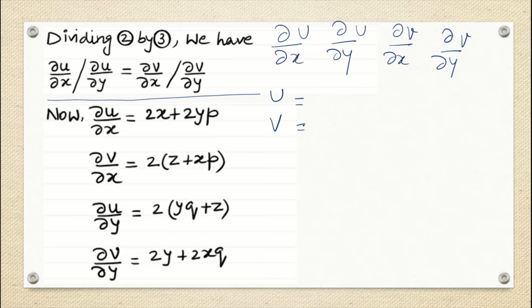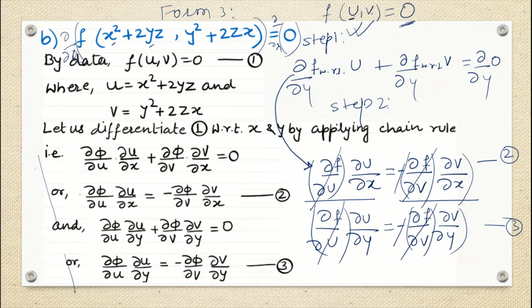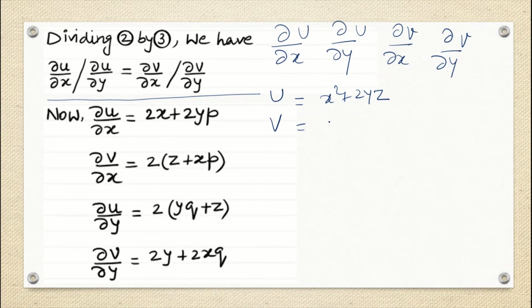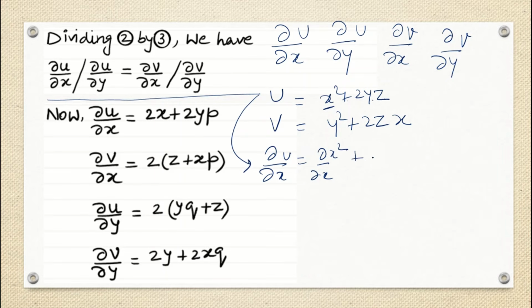We had said that u is x square plus 2yz, and v is y square plus 2zx. Now I have to find del by del x of u. So del by del x of u is del by del x of x square plus del by del x of 2yz.